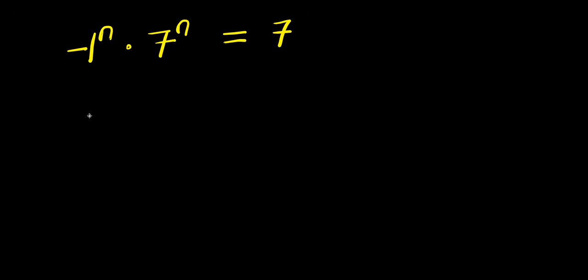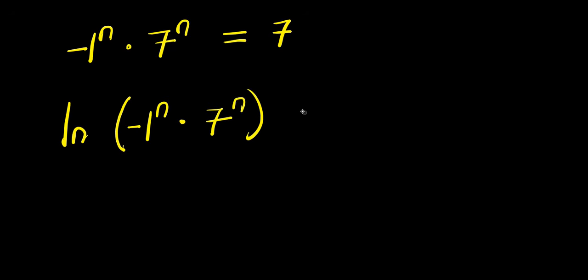So from here, I apply log, or let's make use of natural log. I have natural log of (-1)^n times 7^n equals natural log 7.